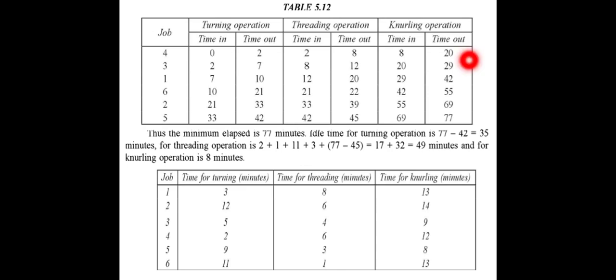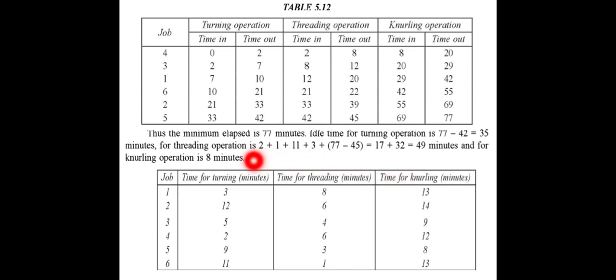Thus the minimum elapsed time will be 77, which comes at this stage, and idle time for turning operation will be 77 minus 42, that is 35. And for threading operation it will be 77 minus 45, and we need to add this, that is 2 plus 1 plus 11 plus 3, which is equal to 49 minutes.